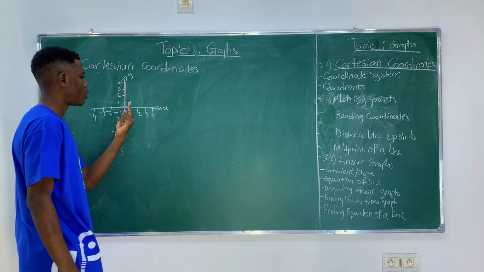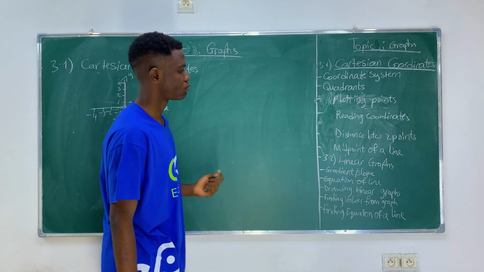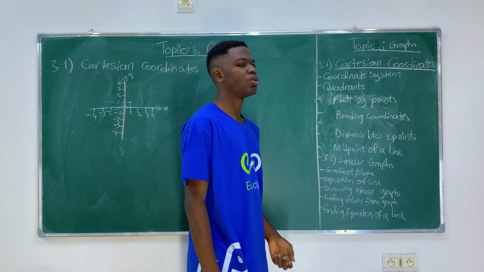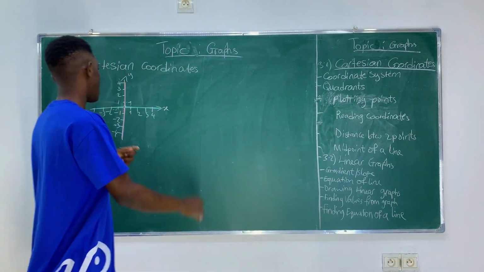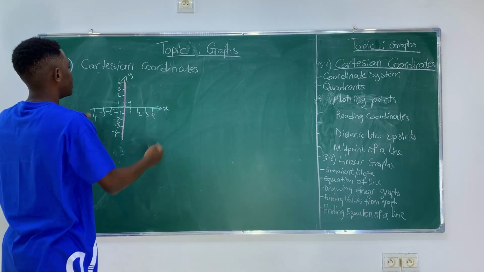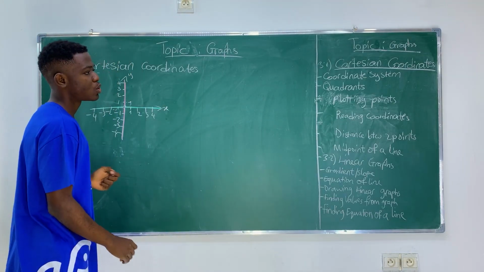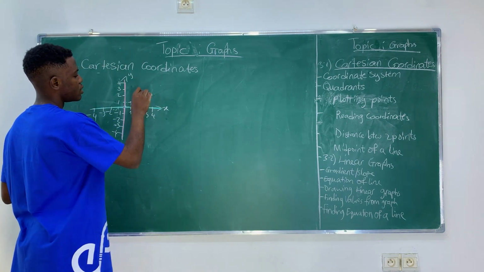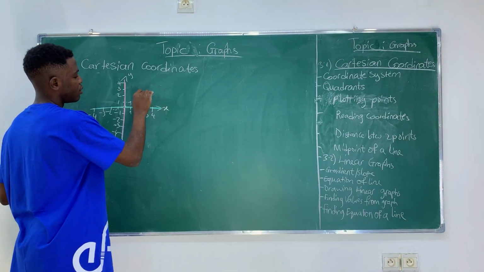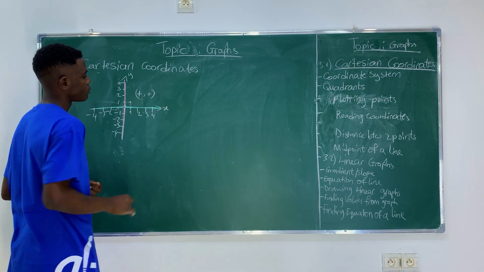How are you going to read this point? We'll get to reading coordinates, but before then, let's go to quadrants. At least we know how a Cartesian graph looks. The first quadrant is 1, where you have positive x and positive y.